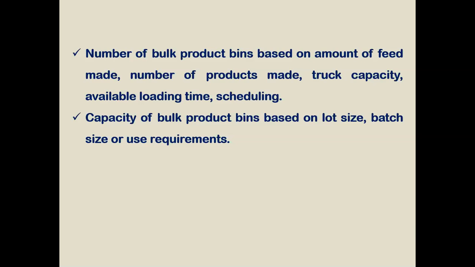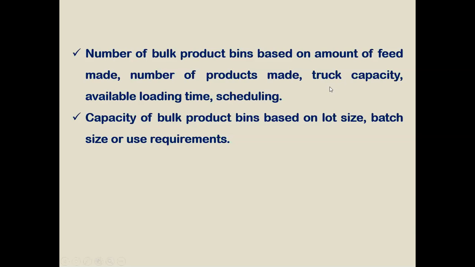Based on the amount of the feed being produced by the feed mills, the bin size depends on the number of products, and the number of bins also depends on the number of products. So different feed mills produce different products. Accordingly, they can increase or decrease the number of the bins of the finished product. Truck capacity, how much truck, 10 ton, 20 ton, 25 tons.